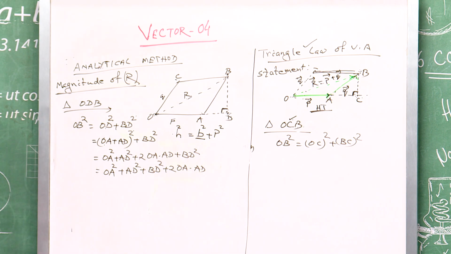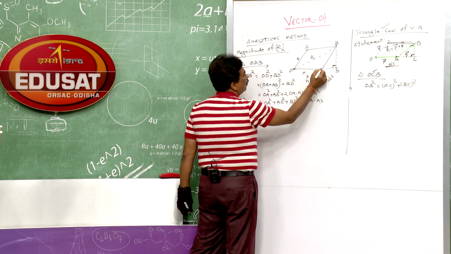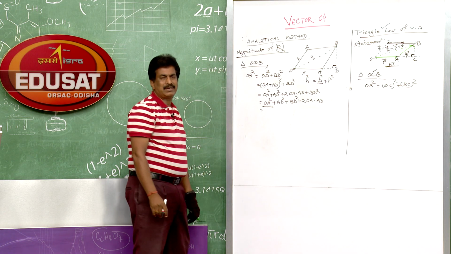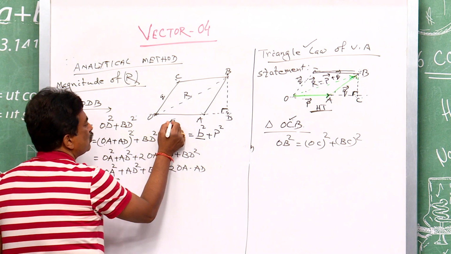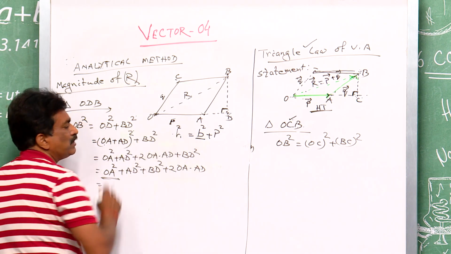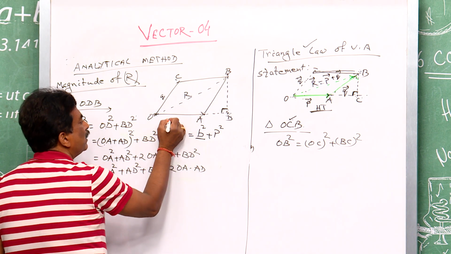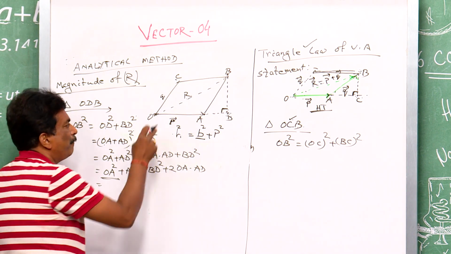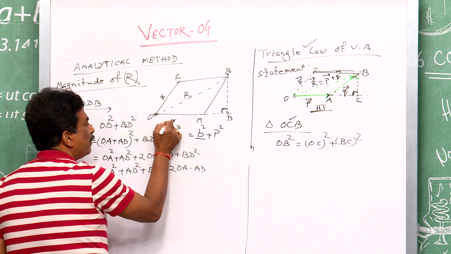You see OA, what is OA? The magnitude of the first vector. So what is the magnitude of the first vector? We have written that it is P. For the OA vector, this is the P vector, but for the magnitude of OA, that is the P vector mod.